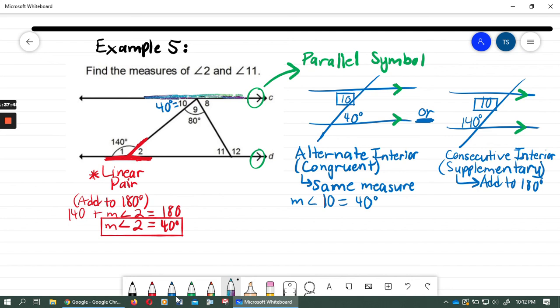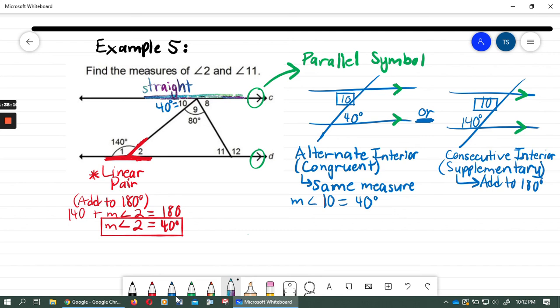A straight line always measures 180 degrees. Any straight angle measures 180 degrees. So all three of those angles add to 180 degrees. Straight line, straight angle, whatever you want to call it, it's technically the same thing.